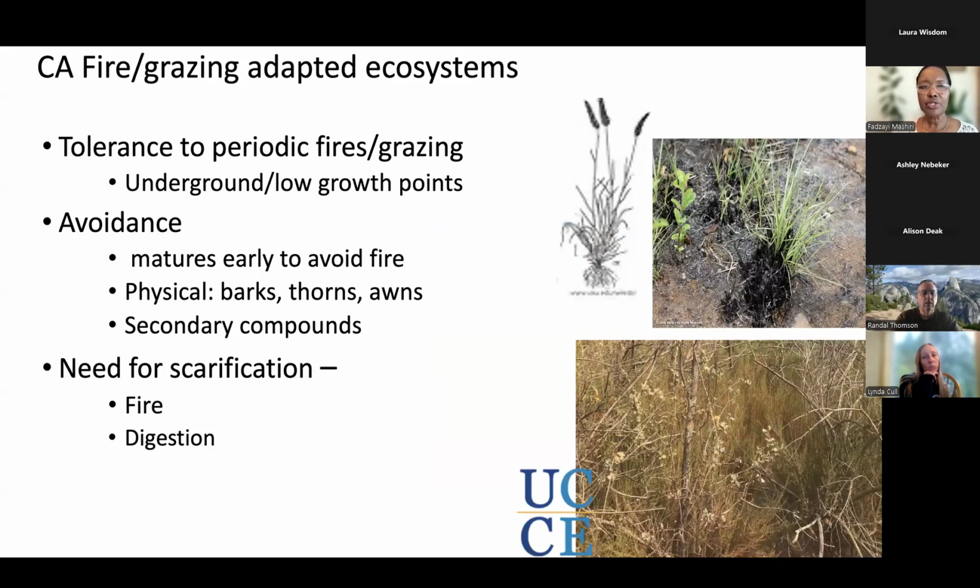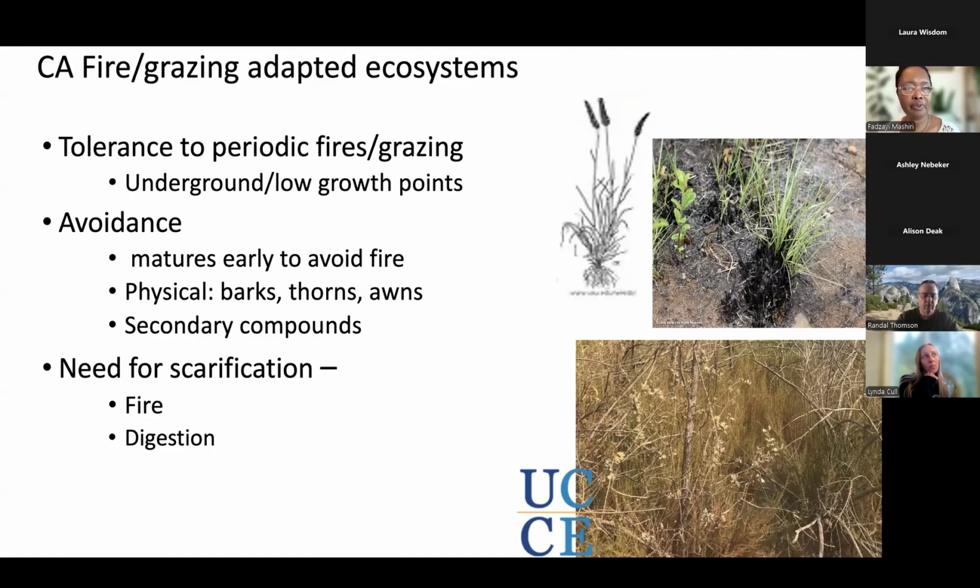So I just wanted to at least highlight, for people that may not be familiar, the fire history for most of California. You may have at least heard about this or experienced this: most California ecosystems are fire adapted.